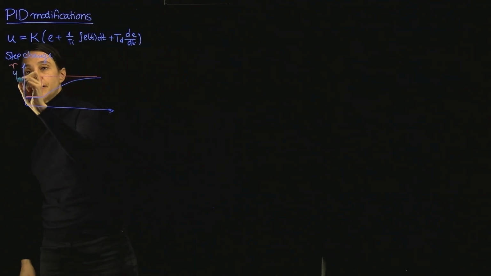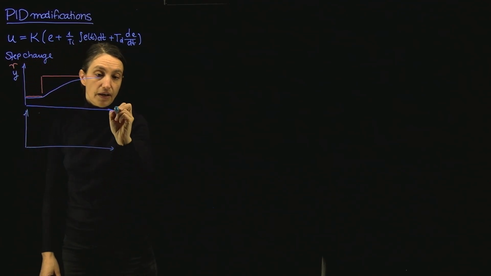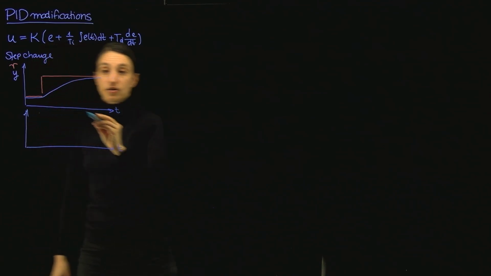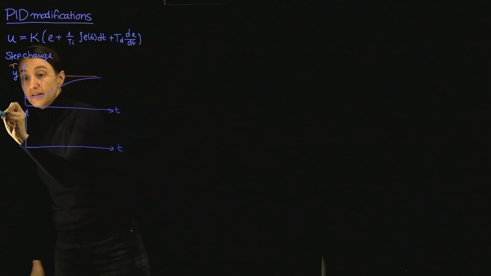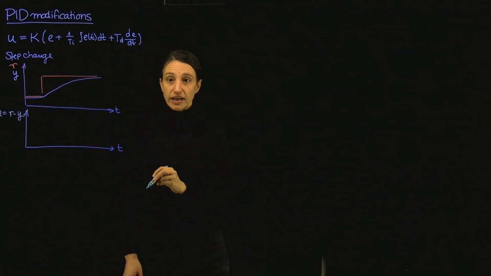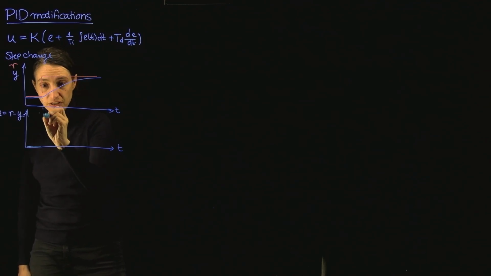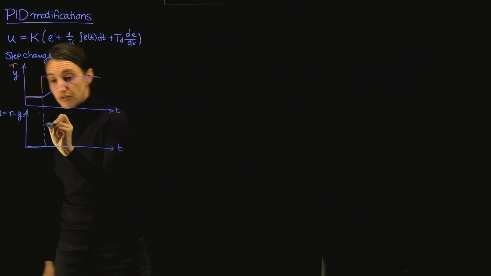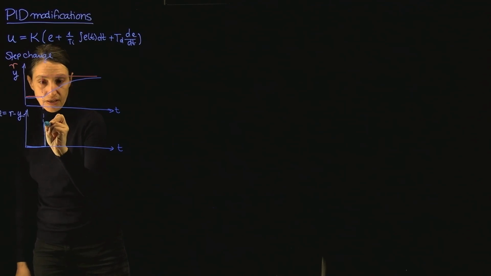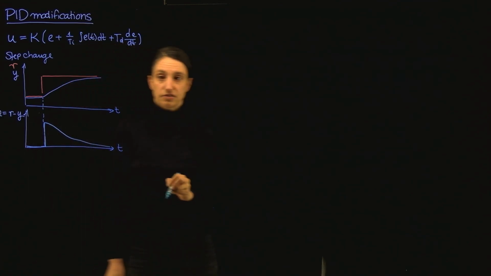So this is my Y. If I draw this differently, I can draw the control error. E is simply R minus Y. If I subtract R minus Y, I will be at 0 up to the step change. Then my control error will suddenly become large, and after that it's going to decrease, not exactly like that, but sort of.